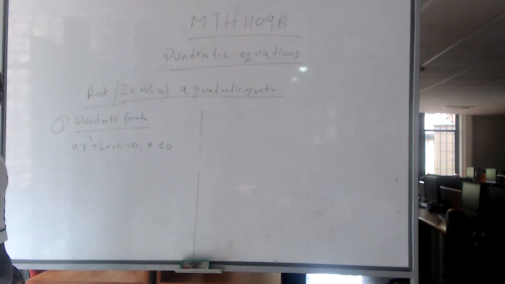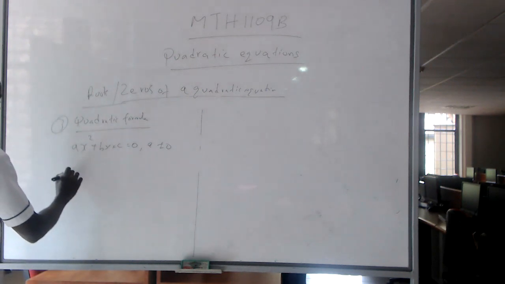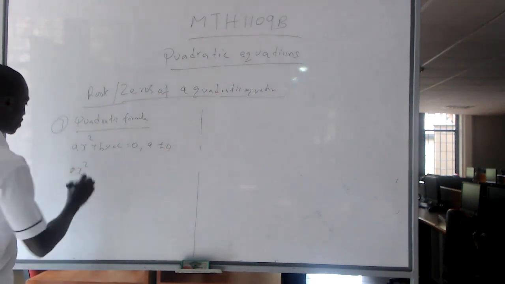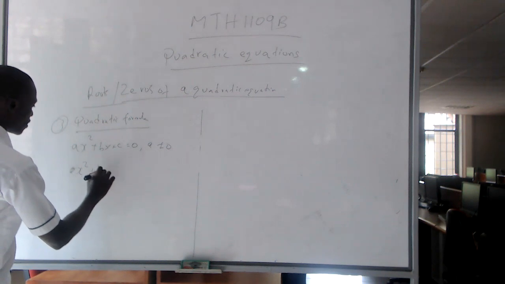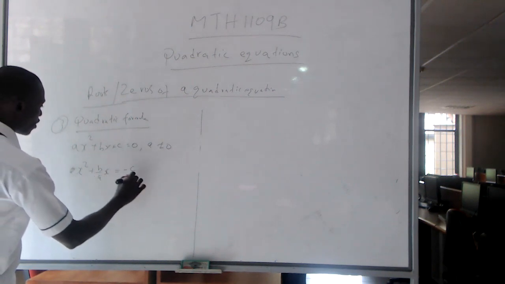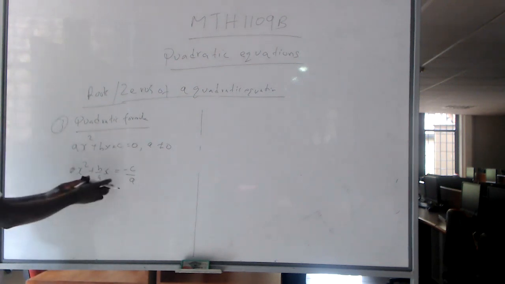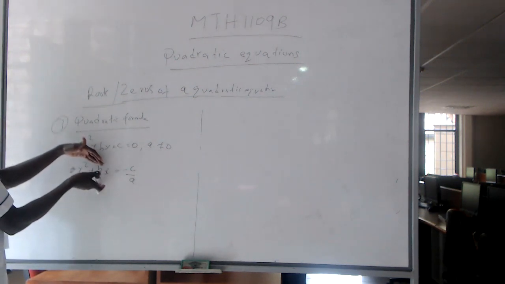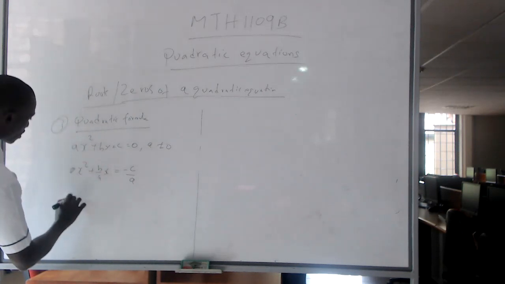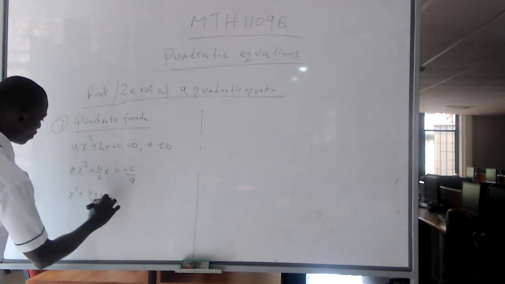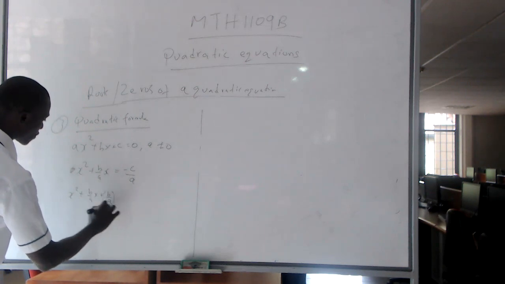By completing the square. So the method of completing the square, first we divide through by a, because it's not 0, so it makes sense to divide by a non-zero number. So x squared plus b divided by a x is equal to minus c divided by a. So I've subtracted c, then I've divided by a. To complete the square, we divide the coefficient of x by 2 and then add the square of that, so that we will write this as x squared plus b divided by a x plus b divided by a, half of that squared.